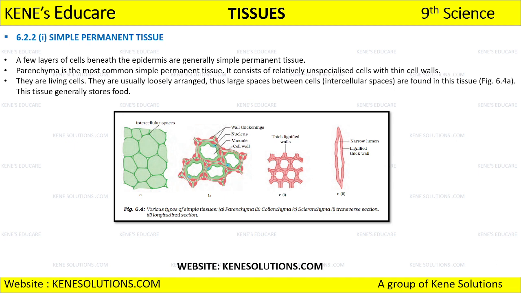After this, we discussed simple permanent tissue. So here we have collenchyma, chlorenchyma, parenchyma, sclerenchyma, aerenchyma that we have discussed, right?